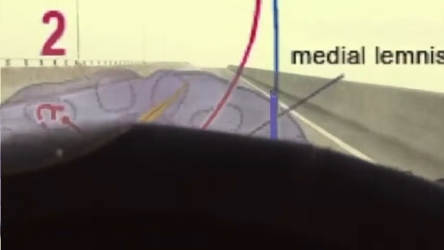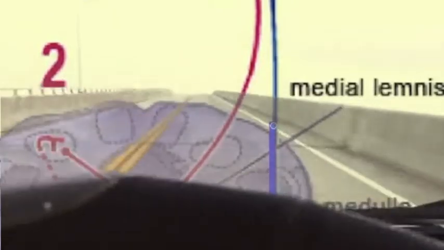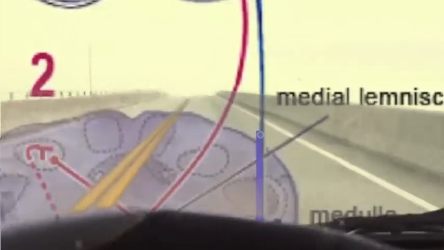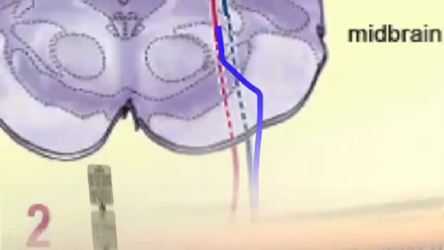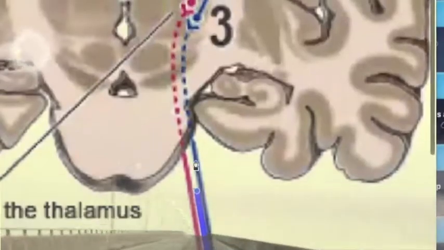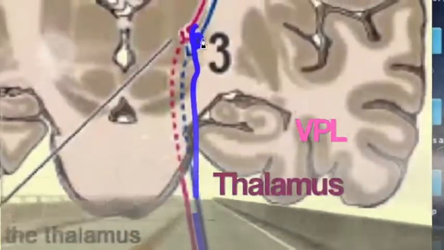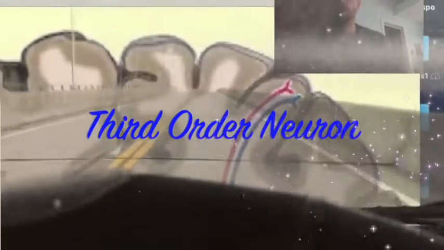So here it's going through the medulla oblongata. You can see the medial lemniscus is here. And then it's going to keep traveling through the midbrain. The line's a little wonky. And eventually it's going to get to VPL of the thalamus, which is receiving sensory information and sending it to S1.